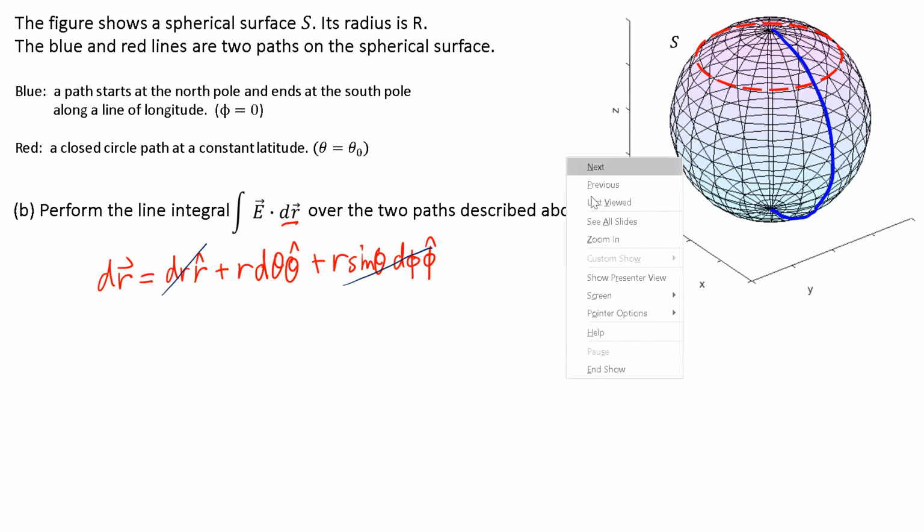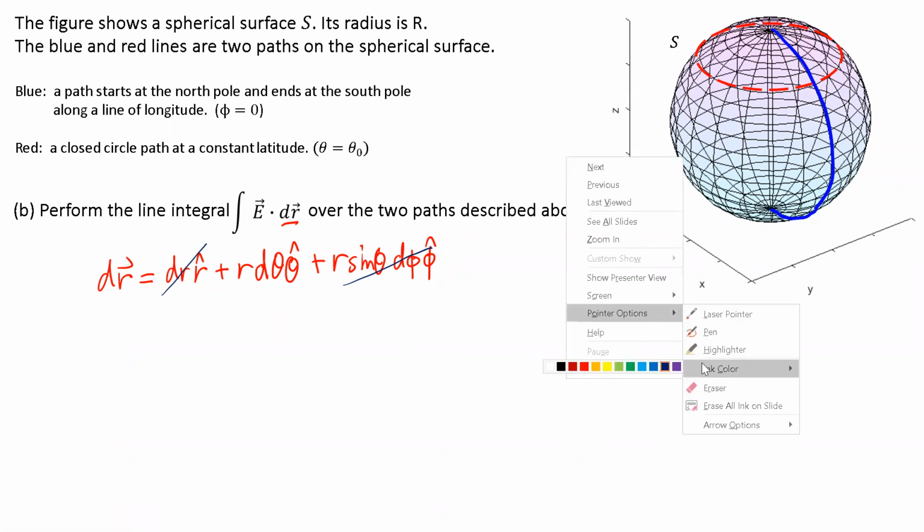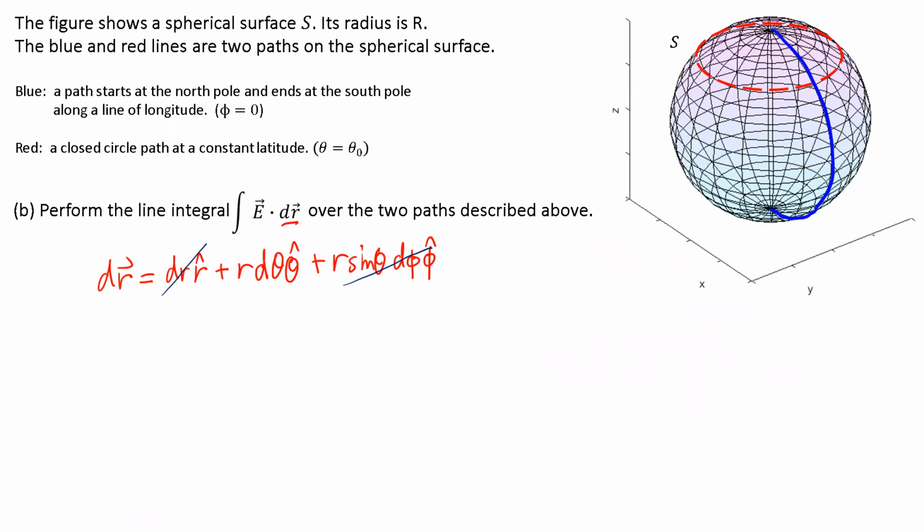Let me try to draw the cross section of this Earth. So this is the path that I'm taking, and this is theta, so you're walking in this direction.